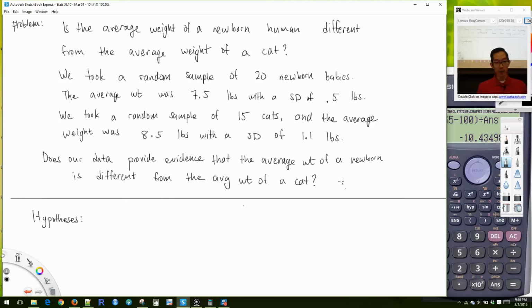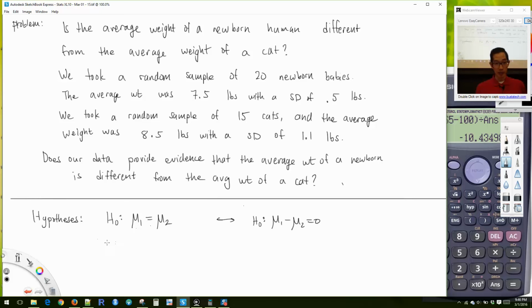So for our hypotheses, what do we have? Our null hypothesis is going to be mu1 equal to mu2. This is always going to be your null hypothesis when you're dealing with means and you've got two samples. Conversely, it might be written this way, mu1 minus mu2 equal to 0, but these two things are saying the exact same thing, right?